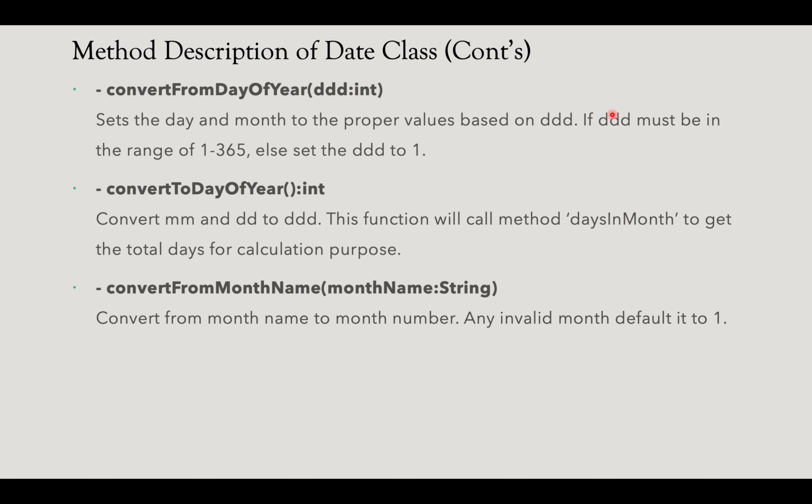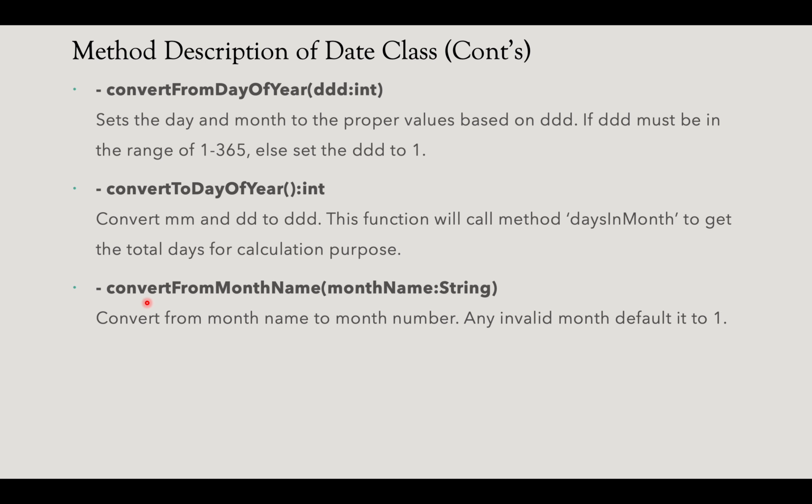This DDD must be in the range of 1 to 365, else it will set the DDD to 1. Then we will convert to day of the year. This method will return an integer. We will also convert the month and day to DDD. This function will call method day in months to get the total days for calculation purposes.